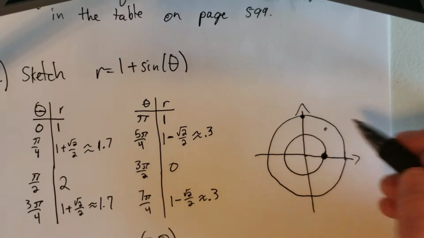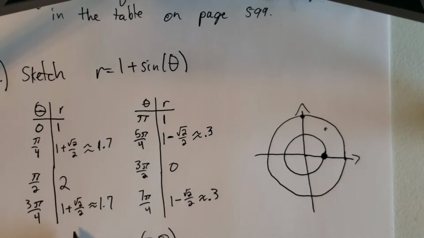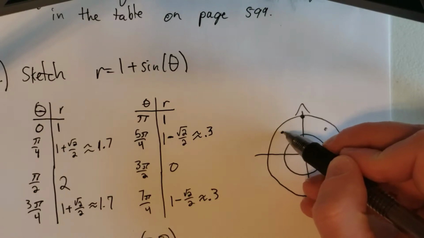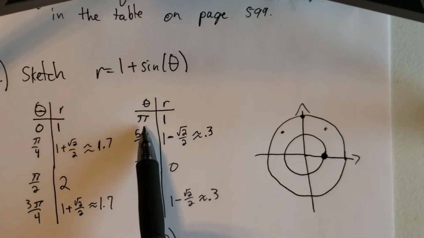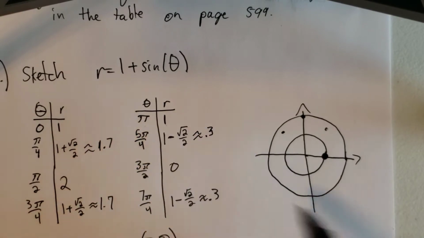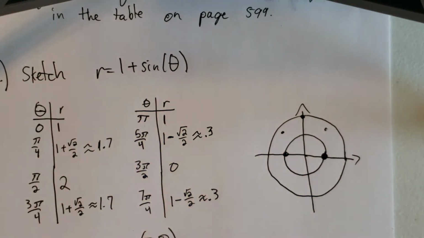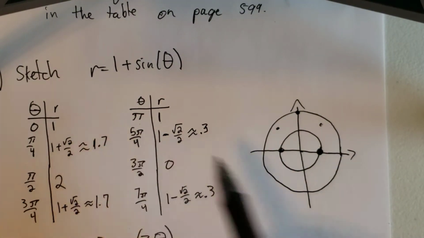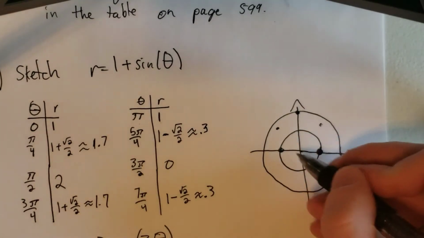Continuing along here, we'll actually see some symmetry start to develop. 3 pi over 4 is our theta. R is 1.7 for the next one, so again, we're about there. When theta is pi, r is 1. So pi is this direction, r is 1. All right, 5 pi over 4, that is this direction, and we get r is equal to 0.3.